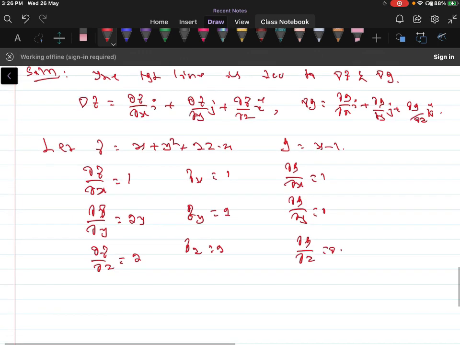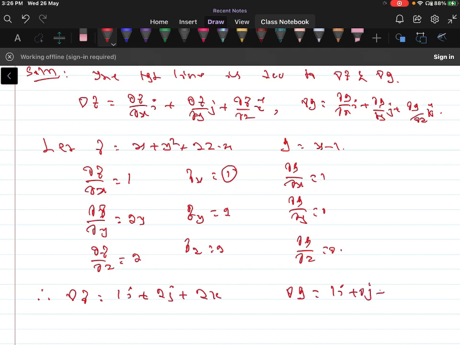So let us substitute in the gradient of f. Therefore the gradient of f at the point p naught is 1i plus 2j plus 2k. Similarly, the gradient of g is equal to 1i plus 0j cap plus 0k cap.